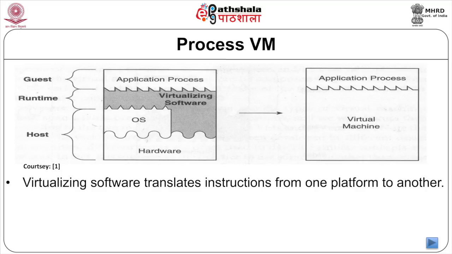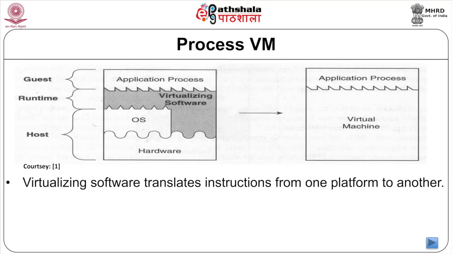So, this is our process VM, where we have the hardware, the operating system, the virtualizing software and the application process. The virtual machine will consist of this whole thing and the application will run on top. This virtualizing software translates instructions from one platform to another.